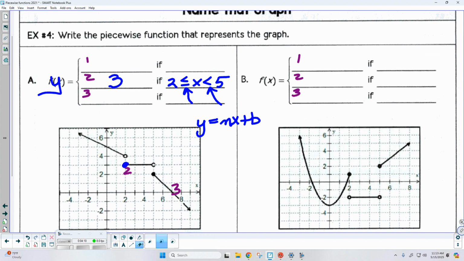Okay? Well, let's try this first one now. We can already tell what the y-intercept is. What is that? That's 5. So I already know that it's got to be plus 5. All I need now is the slope. Now, there's a couple of ways we could do this. Because I actually see it, we could just find the rise and run from the graph, or we could choose 2 points and use the formula.